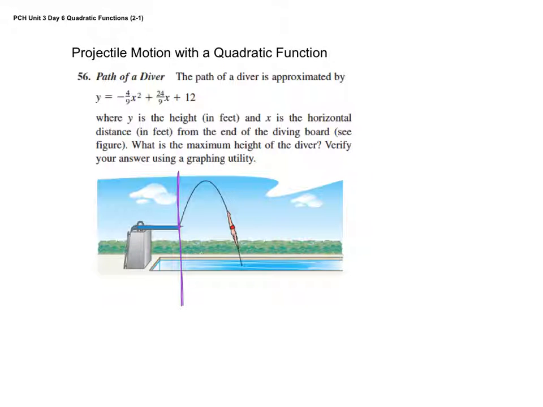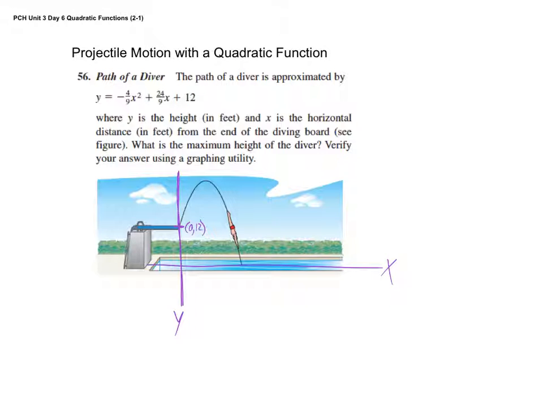So this right here must be the point (0, 12), right? So where must our height be measured from? The water, the pool water. Yeah, okay. So there's our x-axis, and there is our y-axis.